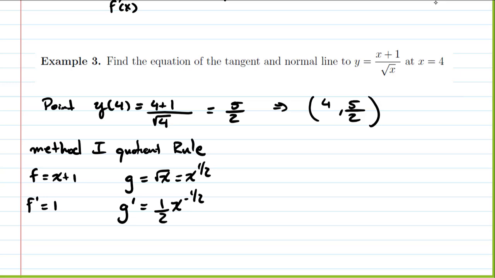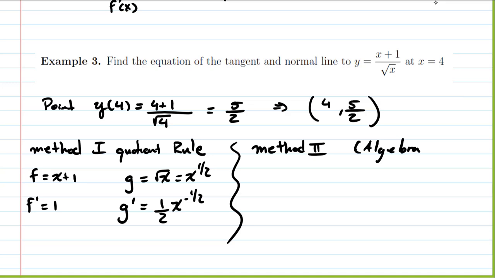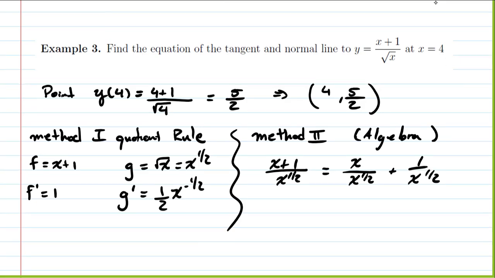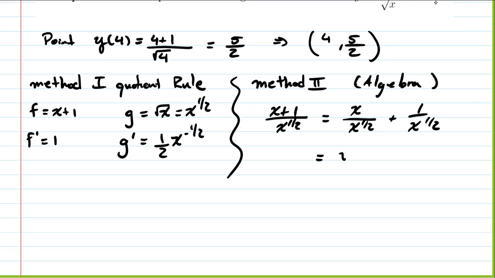Turns out we can also use algebra. So doing a little bit of algebra, if I have x plus 1 over x to the 1/2, by term-wise division, this is x over x to the 1/2 plus 1 over x to the 1/2, which then simplifies to x to the 1/2, bringing my exponent up, plus x to the -1/2.